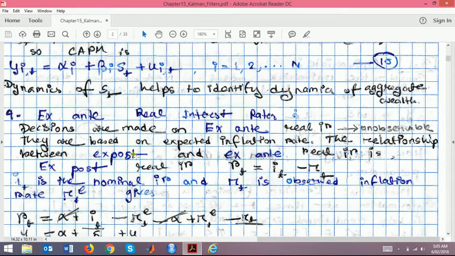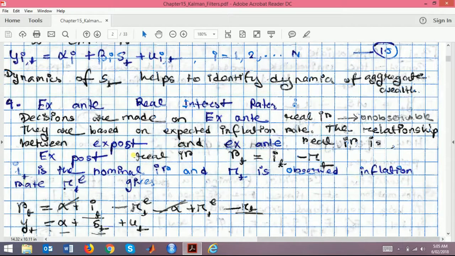Ex ante real interest rate. What does it mean by ex ante? Ex ante is the forecasted real interest rate that is not realized at a given time. Decisions are made on the ex ante real interest rate based on unobservable factors, such as the expected inflation rate, which is not a real one but an expected inflation rate.